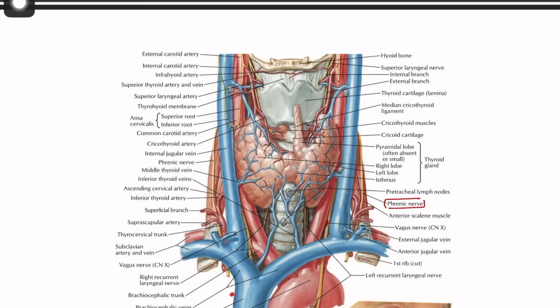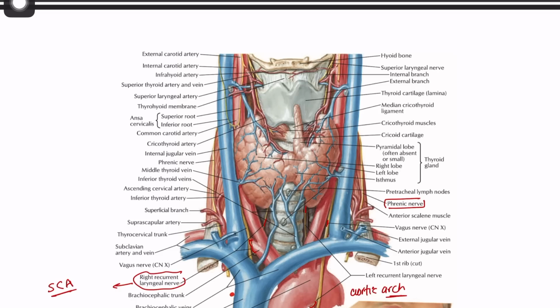And you do have the recurrent laryngeal nerve. As we might know, the recurrent laryngeal nerve on the right side makes its curve, so it's recurrent, that's why we call it recurrent. It makes its curve on the subclavian artery, and on the left side it makes the curve on the aortic arch, and then goes all the way up. As you can see, the recurrent laryngeal nerve is closely related to the inferior border of the thyroid gland on both sides.